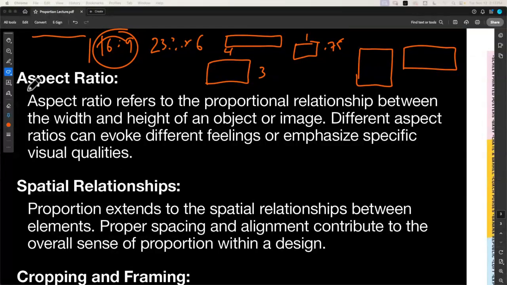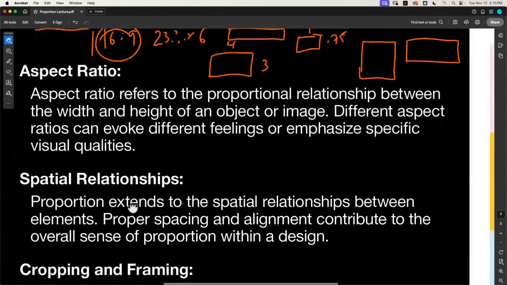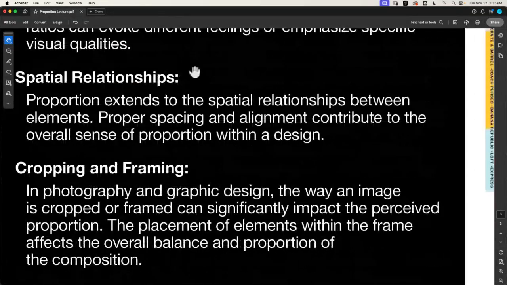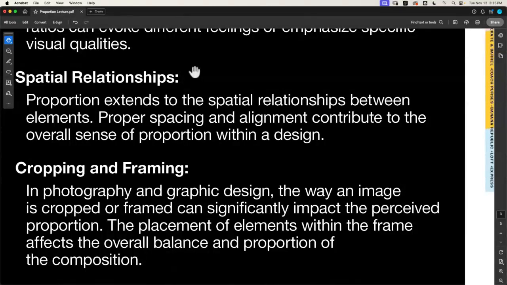All right. Spatial relationships. It's the relationship of distance between objects. How do they work with each other? Proper spacing and alignment contribute to the overall sense of proportion. You've got things tight together, spread apart. That can make things feel bigger or smaller.